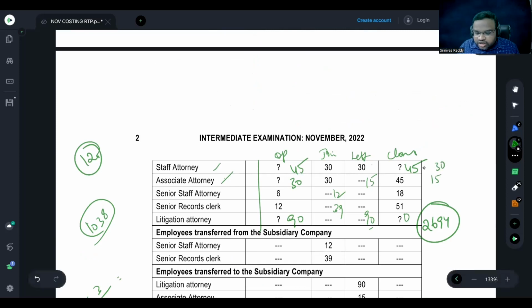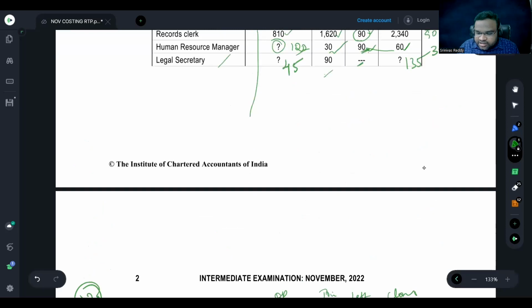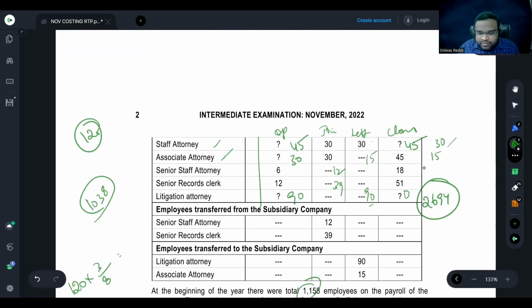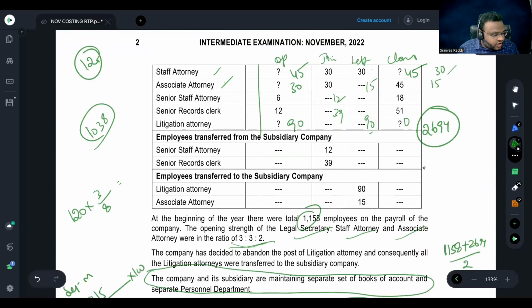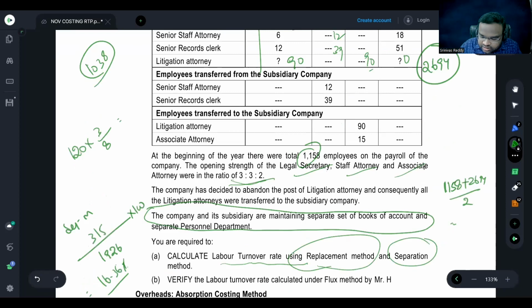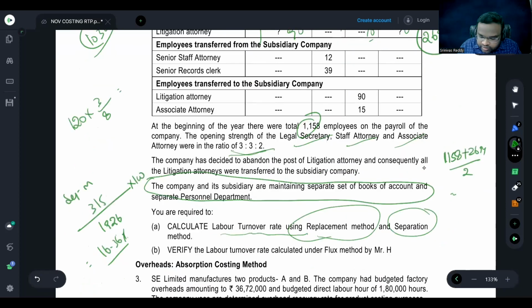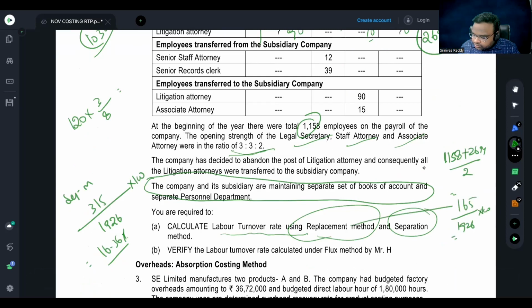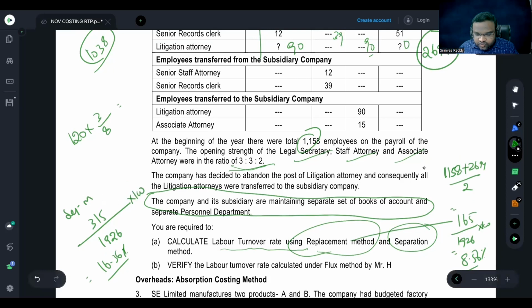So how many replacements do I see here? 90 plus 30, 120 plus 30, 150 plus 15, 165. So under the replacement method, 165 divided by 1926 into 100 is 8.56%.